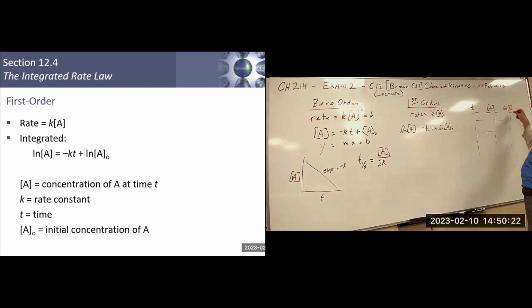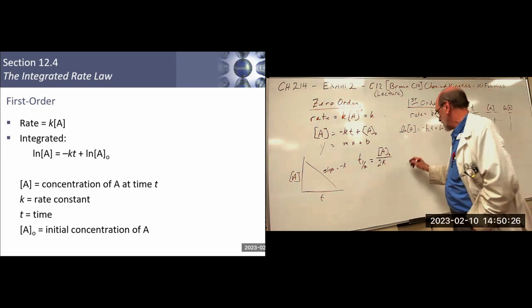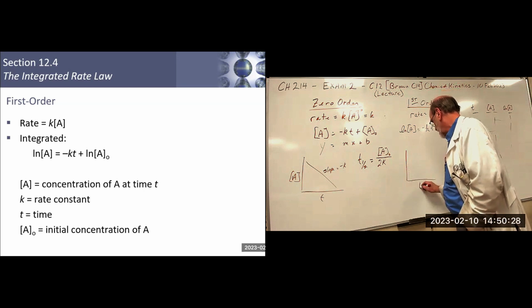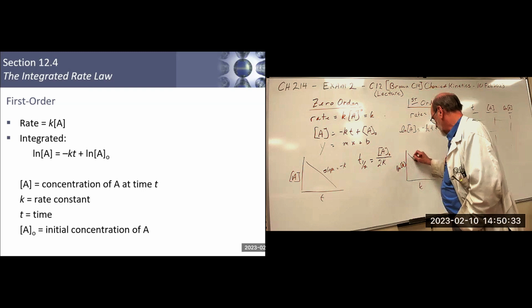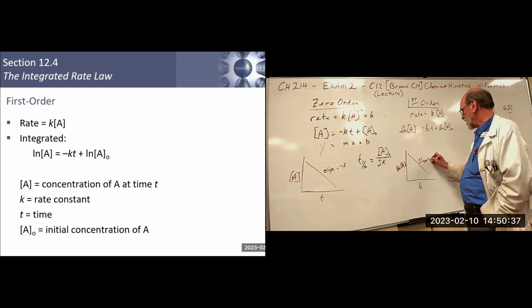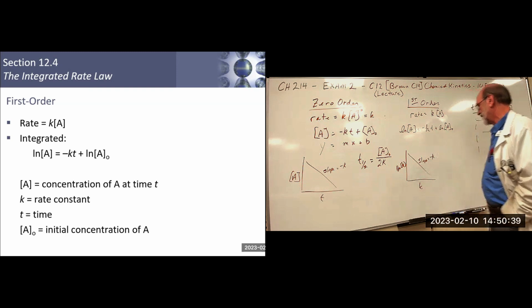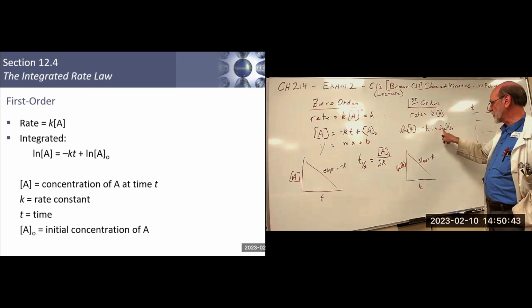And if you plot time against the natural log of A, then what you should get is another straight line where the slope equals minus K. See, y equals mx plus b.